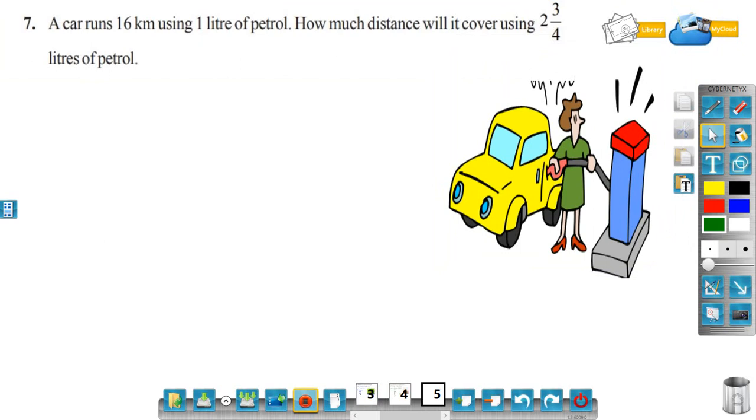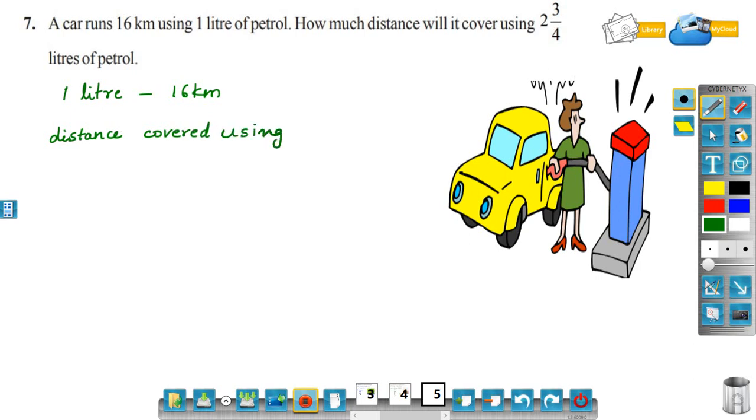How much distance will it cover using 2 3/4 liters of petrol? On 1 liter of petrol, it can cover 16 kilometer. So we have to find the distance covered using 2 3/4 liters of petrol.